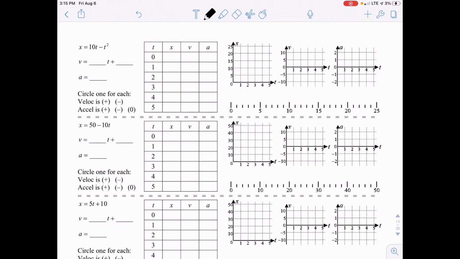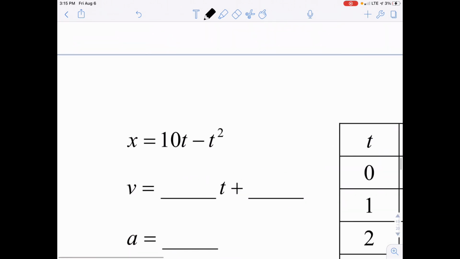Okay, in the next situation, we're given x equals 10t minus t squared. Let's rewrite that. Well, first of all, that would be negative t squared plus 10t, plus 0.